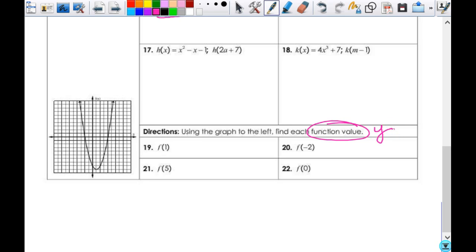So f of 1, when x is 1, what is y? Close. Negative 9. Okay, negative 9. So you're just going to pull these off the graph. So do those 3 because I want to hand out this assignment, tell you something about it, and then I want to look at the notes from yesterday so we can finish those up.